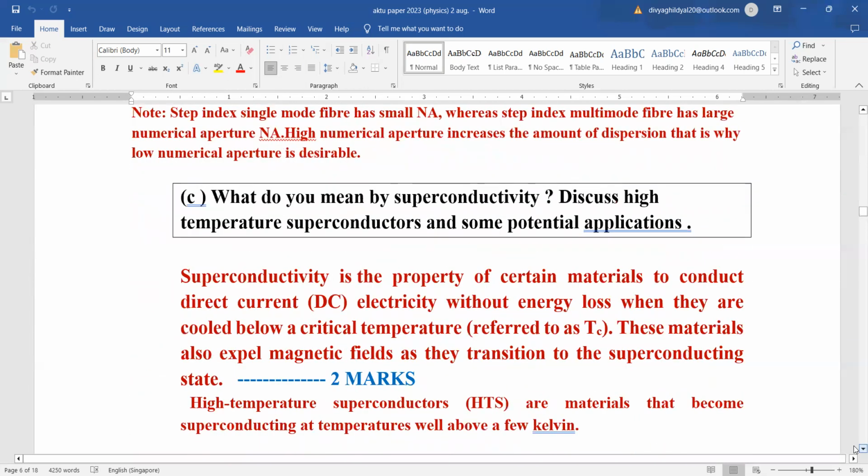What do you mean by superconductivity? Discuss high temperature superconductors and some potential applications.